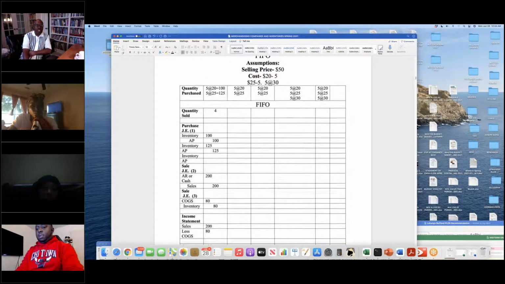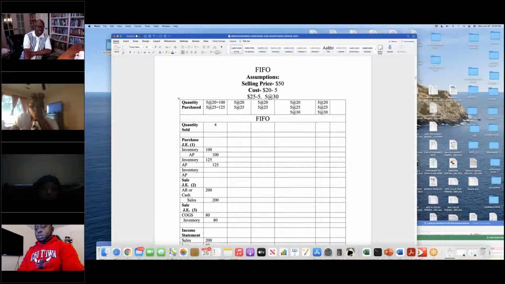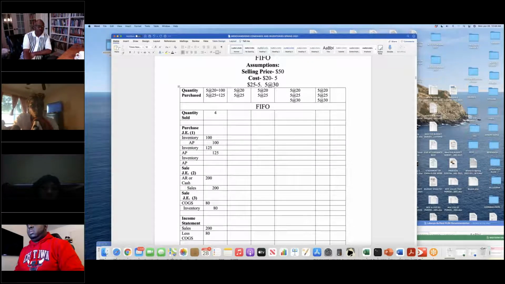So let's look at our scenario. The shoes didn't cost the same thing. So we decided that we were going to sell the older shoes first, then we'll sell the second one. So we sell the $20 ones first, then we're going to sell the $25 ones. So the quantity sold was 4. We have 2 inventory purchases.